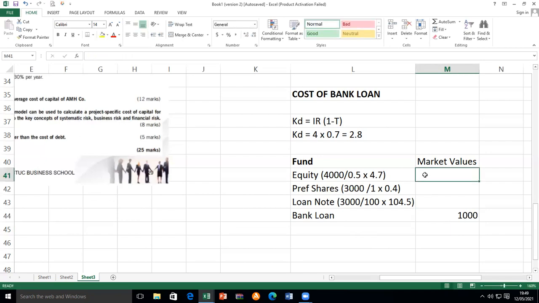So let's go. That's 8,000 by 4.7. 3,000 by 0.4, and 3,000 times 1.045.